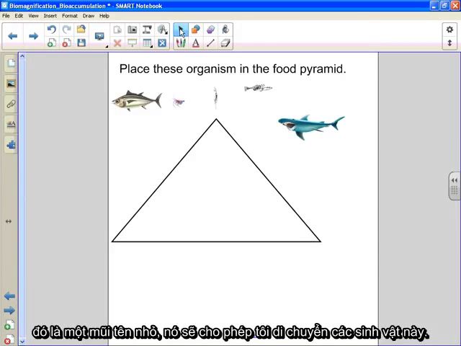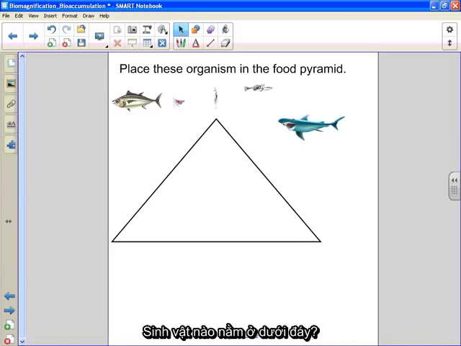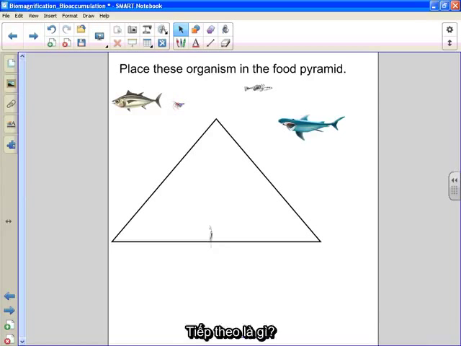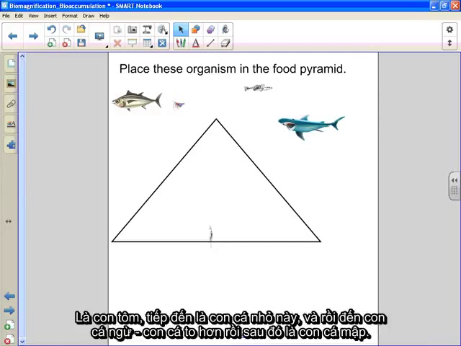It's a little arrow. But now this will let me move organisms around. So which organism belongs at the bottom? So this zooplankton, we need to move it and place it on the bottom. Then what goes next? The little shrimp, krill, and then next, the small little fish, and then the tuna, the bigger fish, and then the shark.